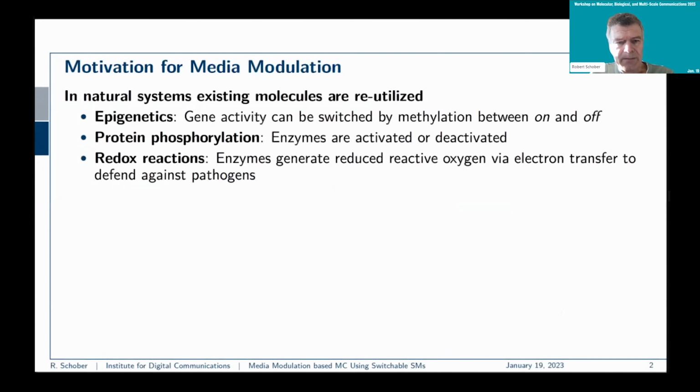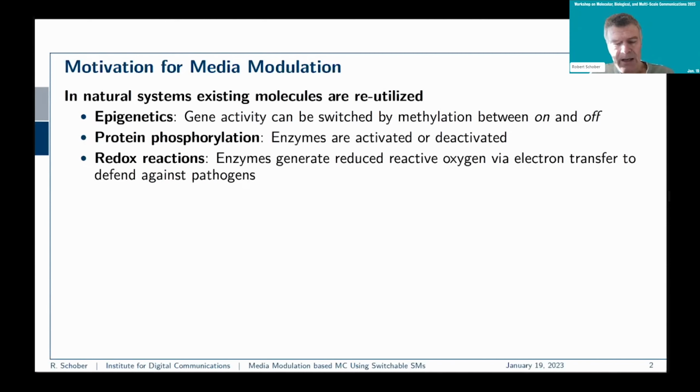Now in nature, the modulation process is often performed in a different manner. In particular, in epigenetics, the gene activity can be switched by methylation to an on or an off state. So basically the property of a molecule is modified in order to convey information. Similarly, some proteins are phosphorylated by enzymes, and then their status changes, and then they have a different effect on receiver molecules.